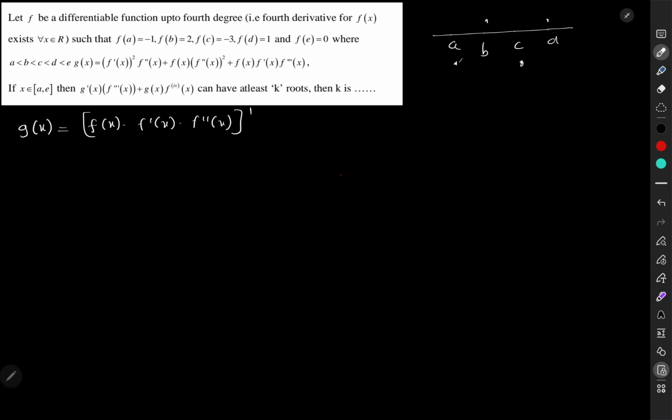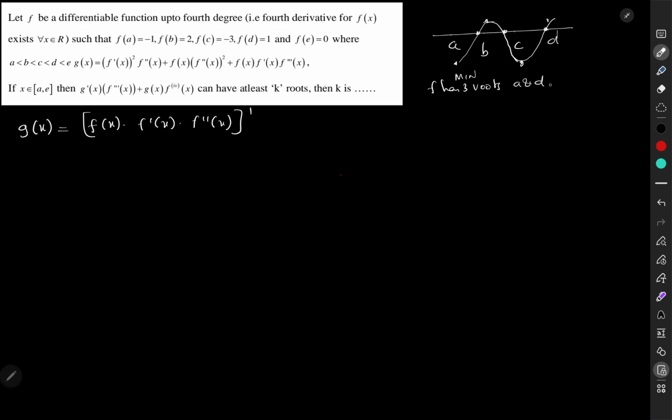That means definitely using which theorem? Intermediate value theorem, because this is differentiable, so obviously continuous. Between a and b there will be at least one root, b and c at least one root, c and d at least one root. So we got f has minimum 3 roots between a and d.